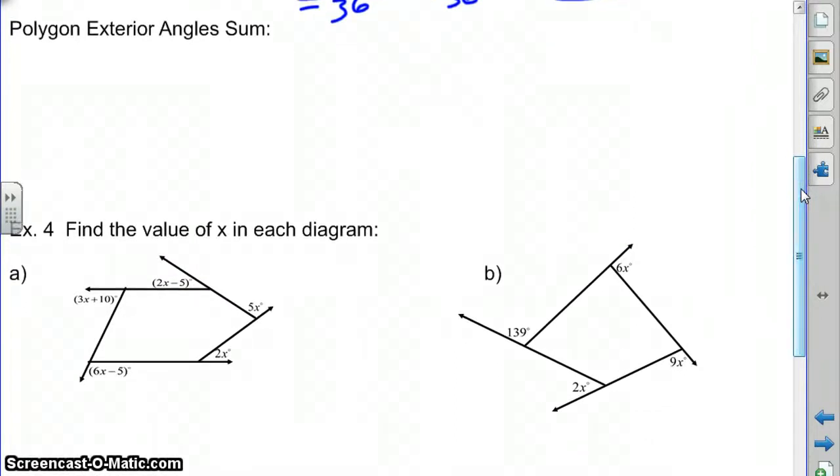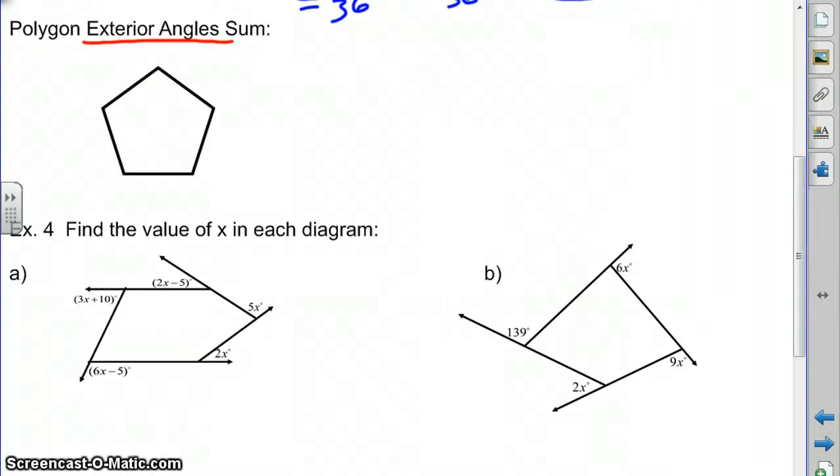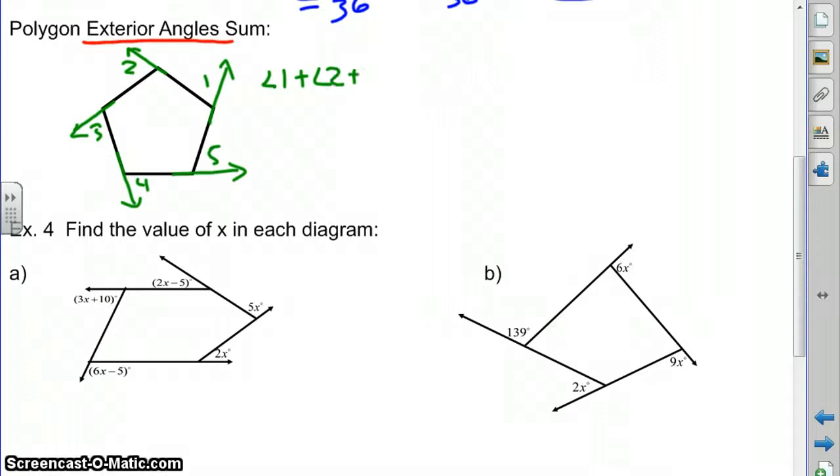We're now going to look at the polygon exterior angle sum theorem. This theorem says that if I add up all of the exterior angles, one angle at each vertex, angle 1 plus angle 2 plus angle 3 plus angle 4 plus angle 5, they will add to be 360 degrees.